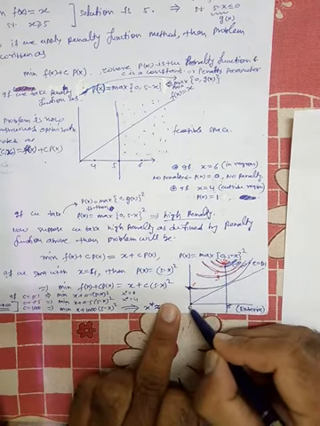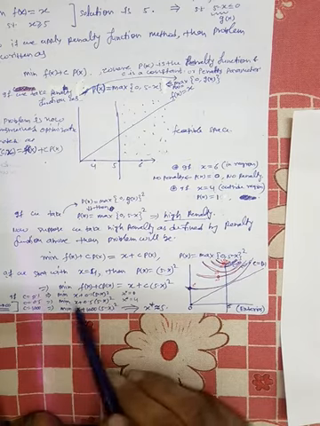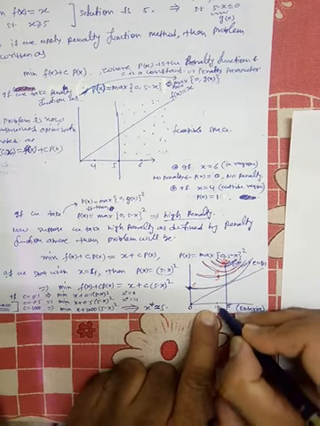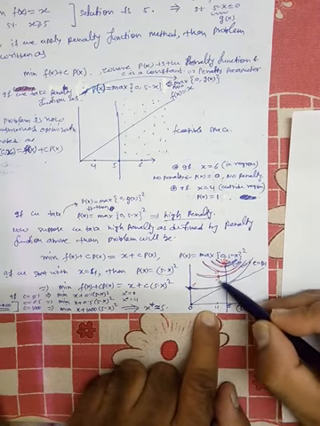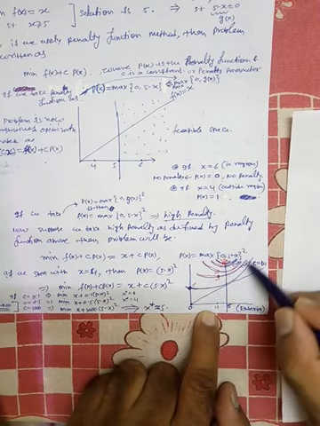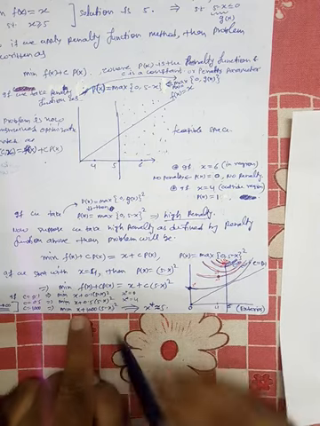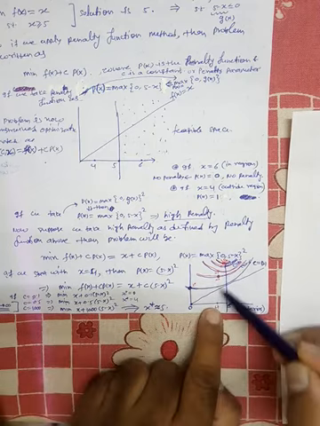Now in the second one, when c is 0.5, the problem is this, x star is 4, so the solution is somewhere here. This is your 4, this is your curve, x plus 0.5 times (5 minus x) whole square, and the solution is this.